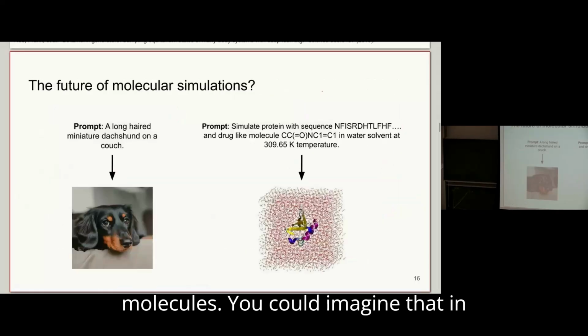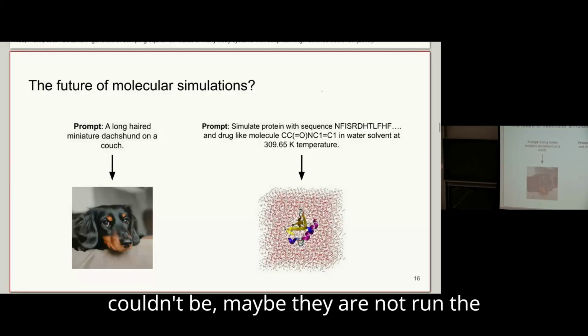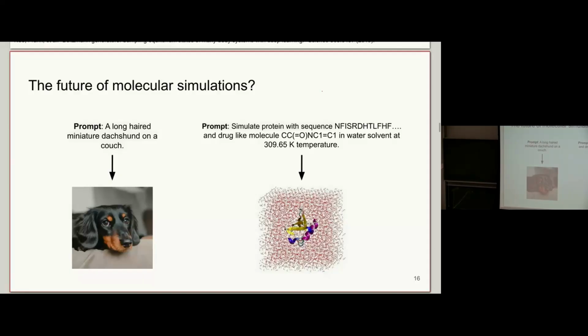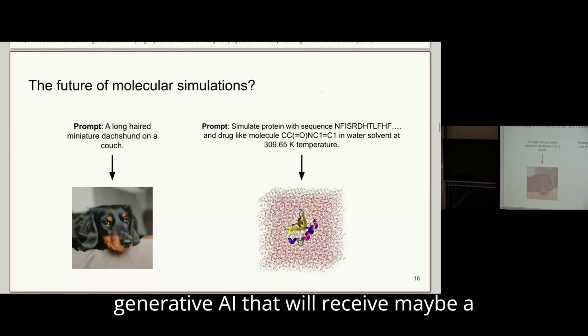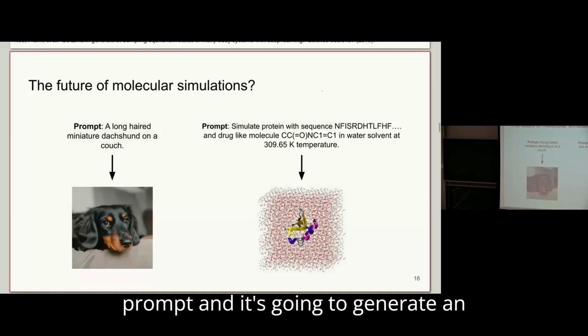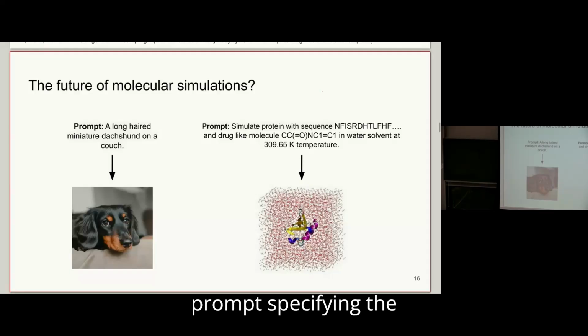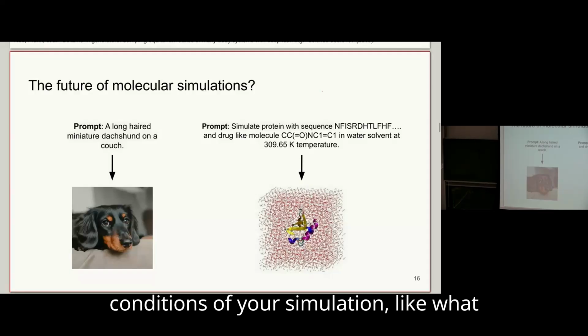You could imagine that in the future, molecular simulations maybe are not run the same way as they are done at the moment, in the same way that you have this generative AI that will receive maybe a prompt, and it's going to generate an image of a dog, or whatever we write in the prompt. You could have a prompt specifying the conditions of your simulation, like what you have here.